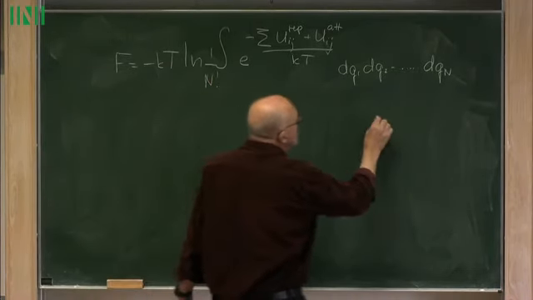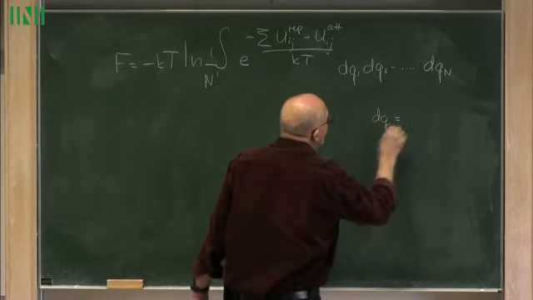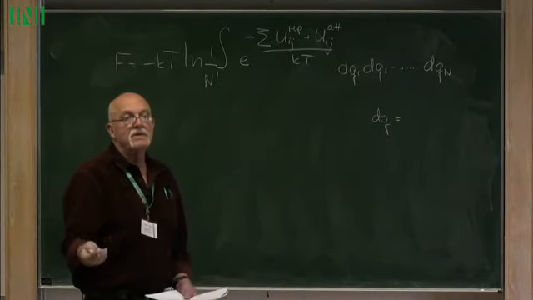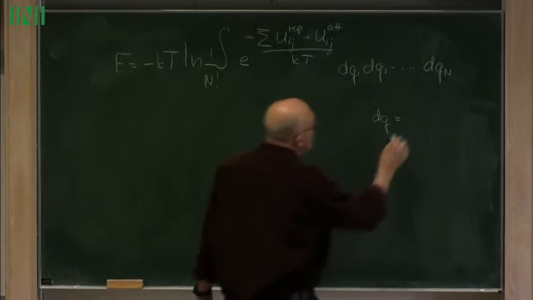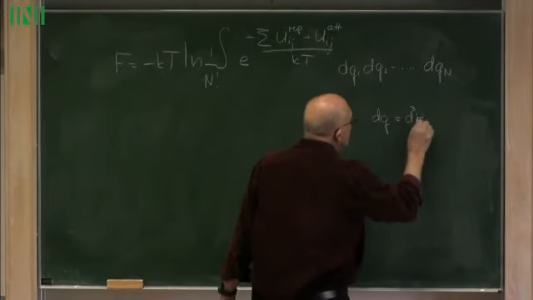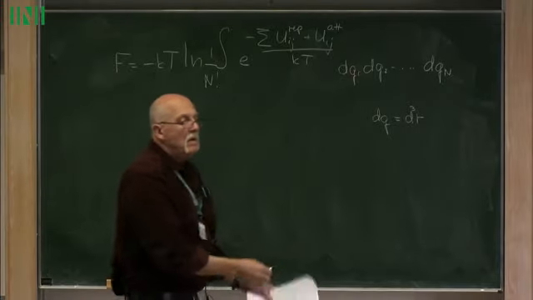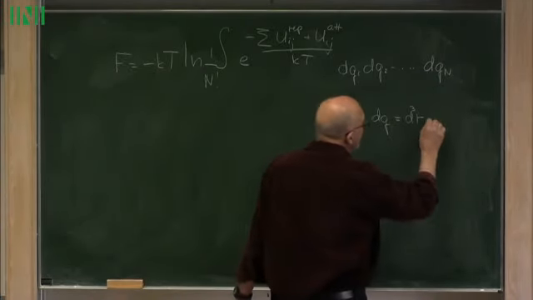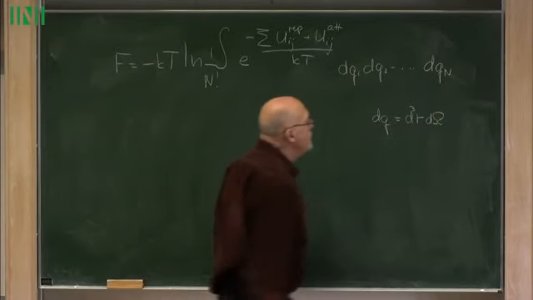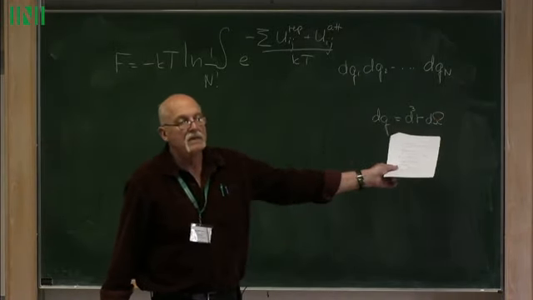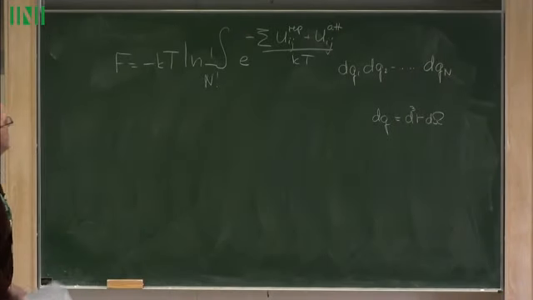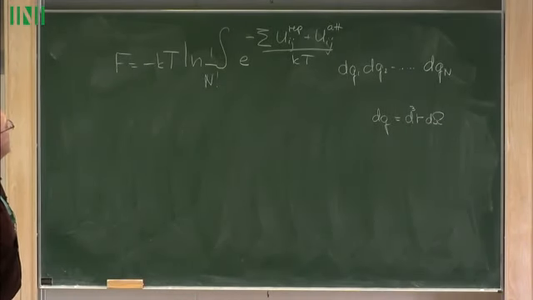So dq, depending on your system, can be different things, but here we have position and orientation, so we're integrating over all volume of center of mass, and then we integrate over orientation, which I just denote with d omega.